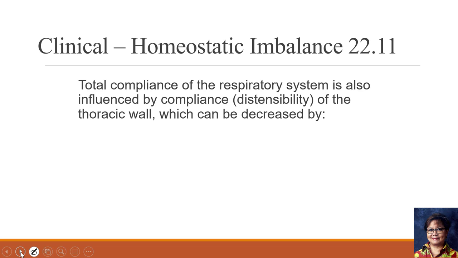So, total lung compliance of the respiratory system could be influenced by distensibility of the thoracic wall, which can also be decreased by some deformities in the thorax. If your rib cage is not distensible anymore because of calcification of your cartilages, that's going to be a deformity.